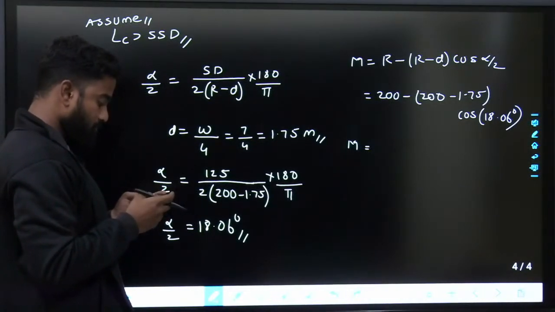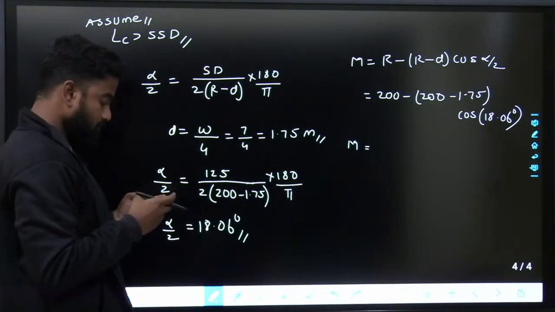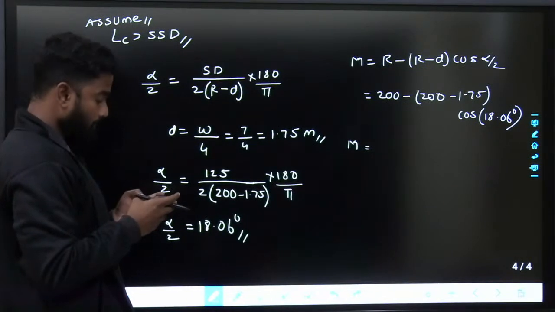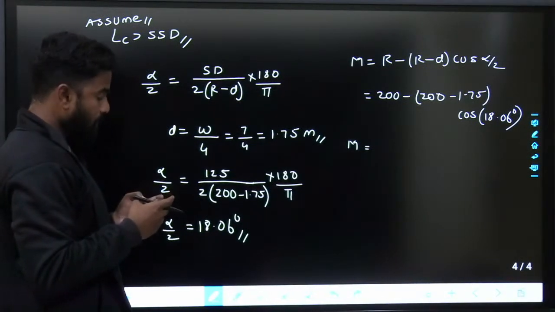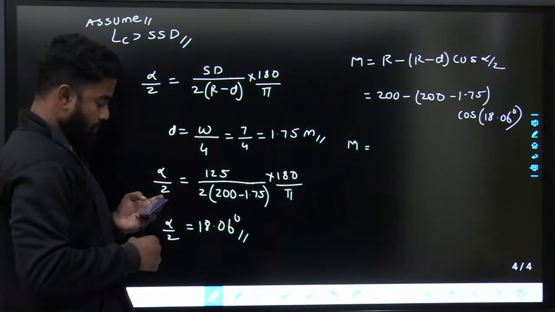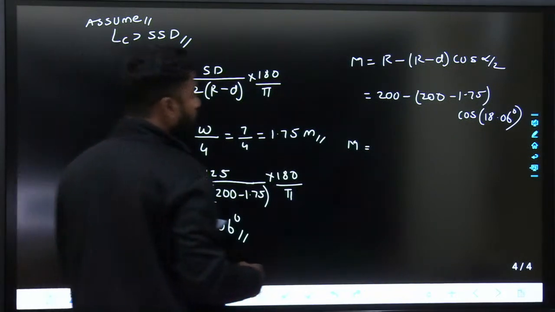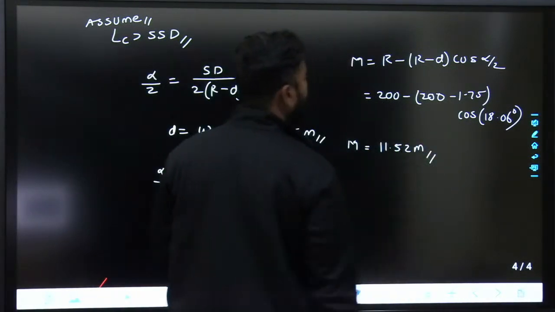So setback distance would be equal to 200 minus (200 minus 1.75) multiplied with cos of 18.06 degrees, so the answer would be 11.52 meters.